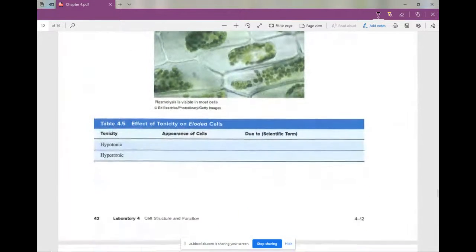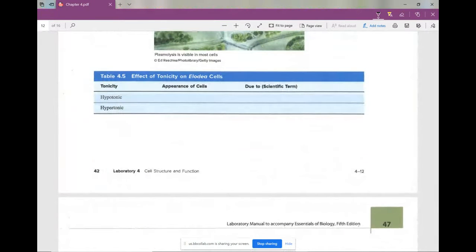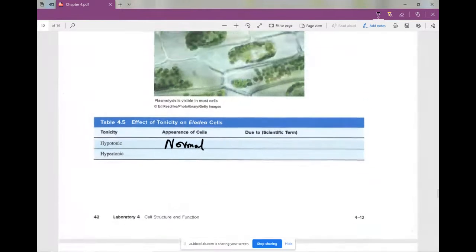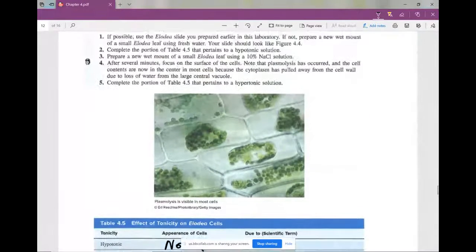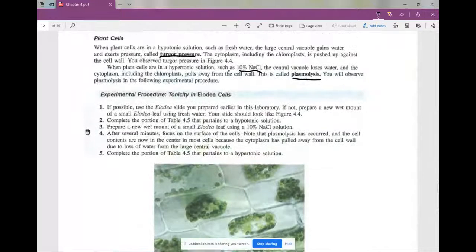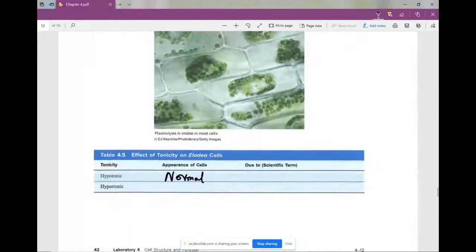All right, so we can fill this out. Appearance of the cells in the hypotonic solution would have been normal. And I guess you can say it's turgid. The term you're looking for is turgid.